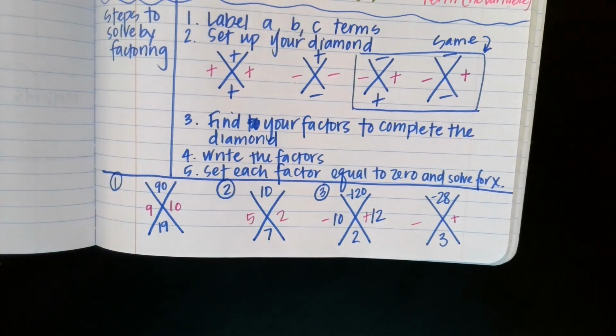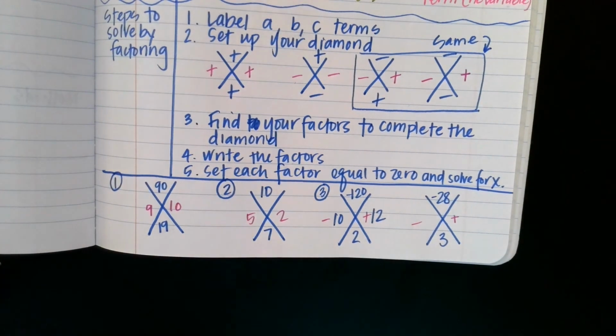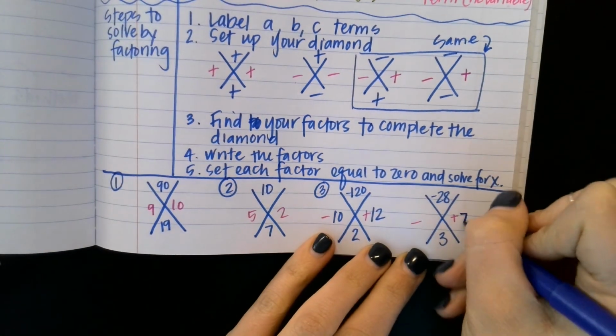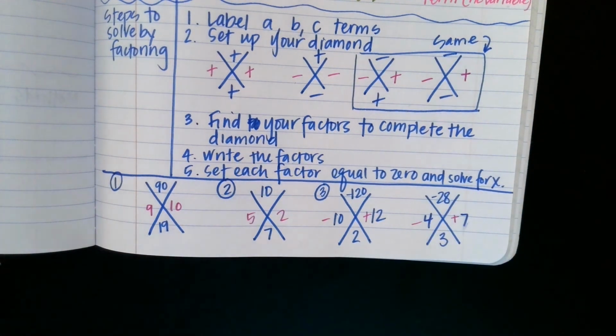Or in this case, subtract, because one of them has to be negative. Positive 7 and negative 4. That work? Yeah. Aiden wins! And that's going to be what we do tomorrow, guys.